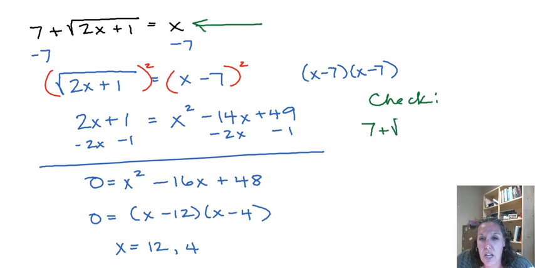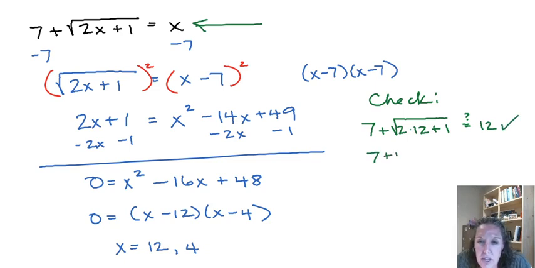So 7 plus the square root of 2 times 12 plus 1, we want to see if that's equal to 12. 2 times 12 is 24, plus 1 gives us 25 underneath that square root. Square root of 25 is equal to 5, plus 7 is equal to 12.